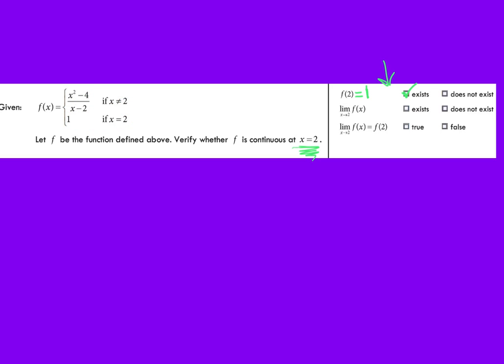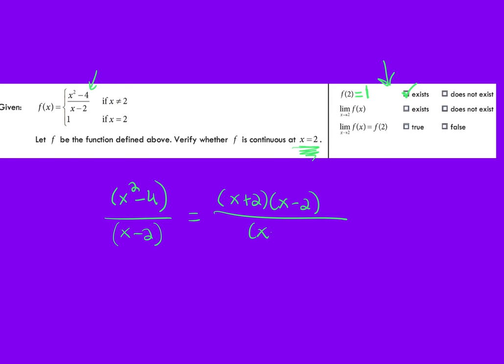Okay, limit as x approaches 2. For the limit, we look at the function approaching 2 from the left and the right. First off, if I have x squared minus 4 over x minus 2, I factor the numerator into x plus 2 times x minus 2 over x minus 2, so those cancel.